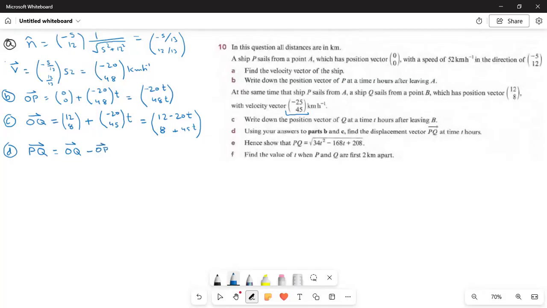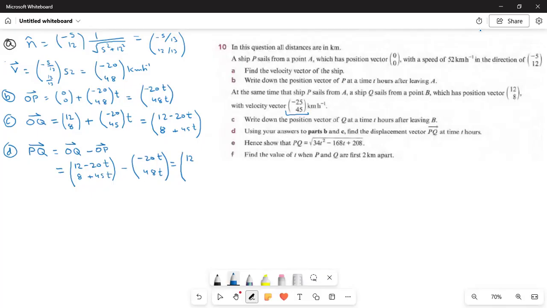OQ is (12 - 25t, 8 + 45t) minus OP, which is (-20t, 48t). Let's try to simplify them a little bit.